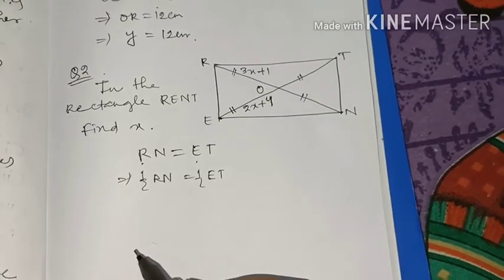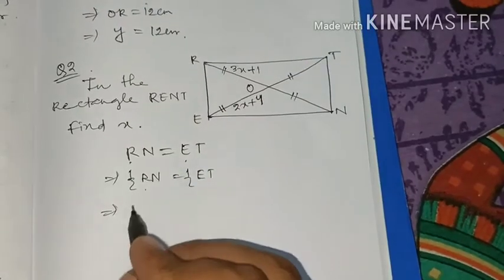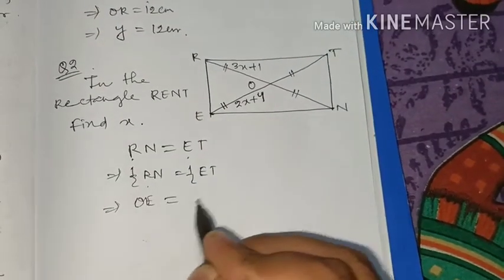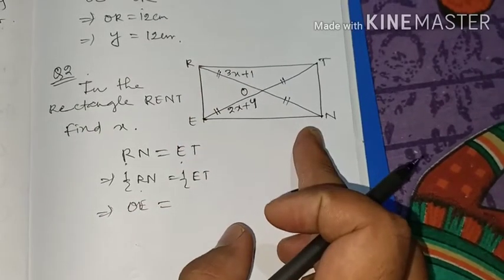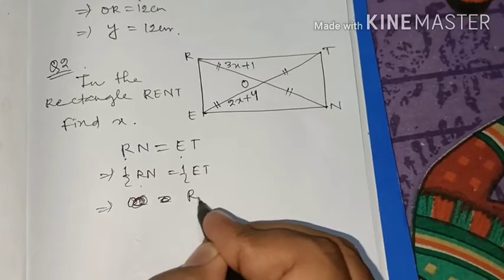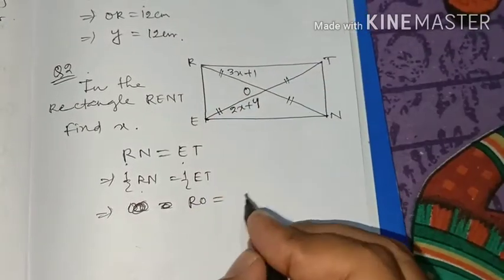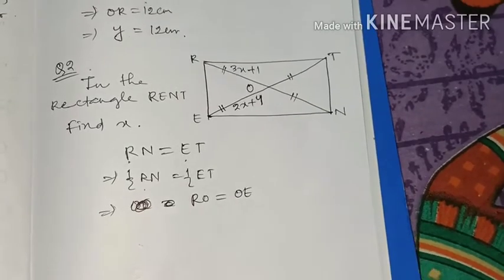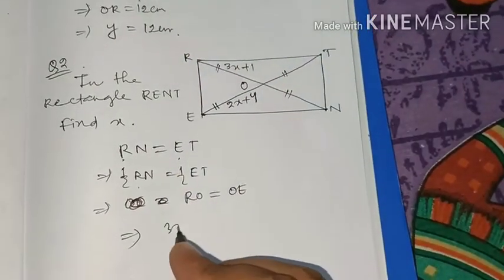You multiply half to both sides, and half of RN can be written as RO, and half of ET can be written as OE.